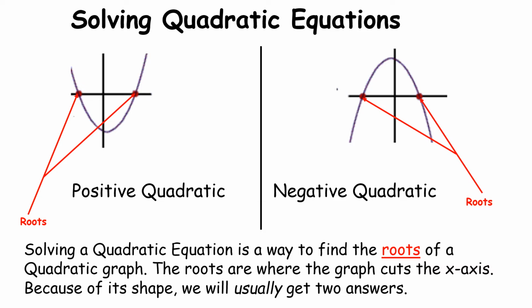Like I said, that's not going to be very important for the moment. I will touch on it during the first few examples, but we will have a whole section on this next year. Because of the shape of a quadratic, this lovely curve, or parabola as it's called, we usually get two answers. Like the two examples here, one is positive, it gives me two answers, one is negative, it gives me two answers.